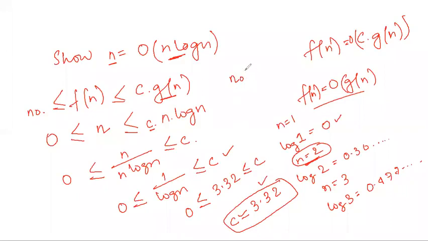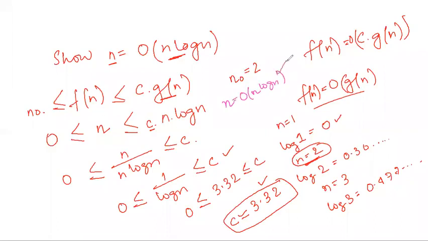So the value of N0 will be 2, right? So if I can formulate this sum, yes, we can express n as order of n log n.